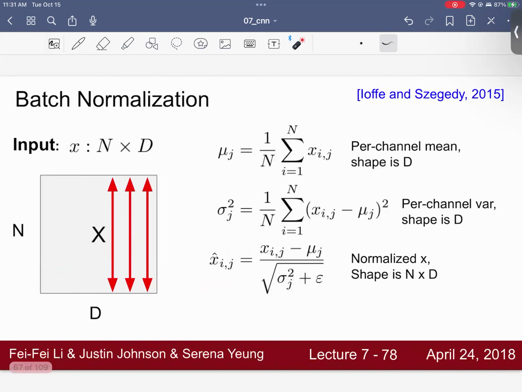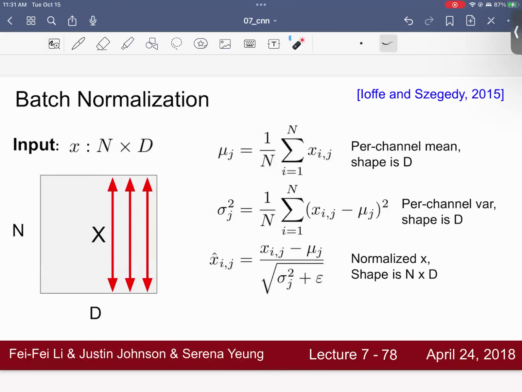So when you're dealing with a fully connected network, there's n number of samples in your mini batch, and each sample has d dimensionality. So you can think of this as a fully connected network. It's row by row, a different sample, right? So what happens in batch normalization is you have batch norm per dimension, per feature.